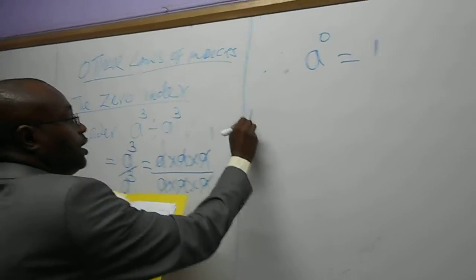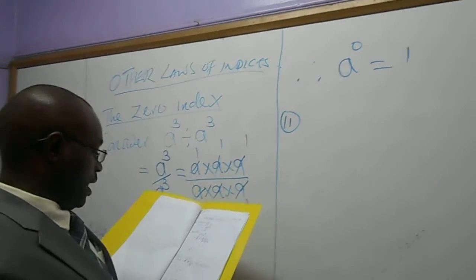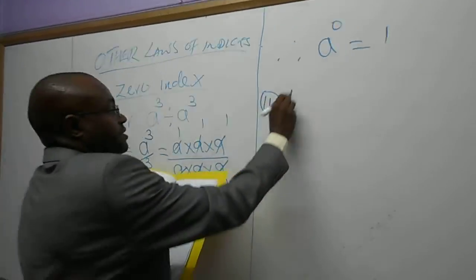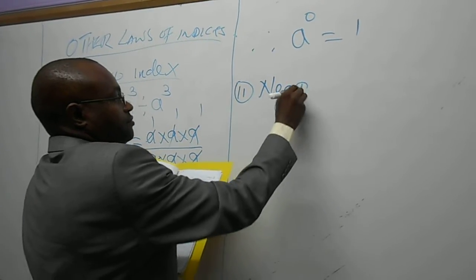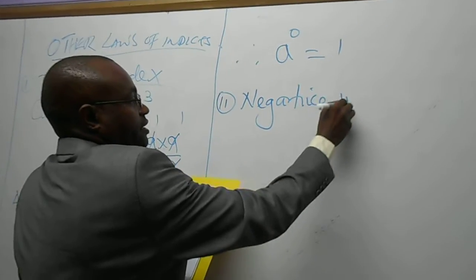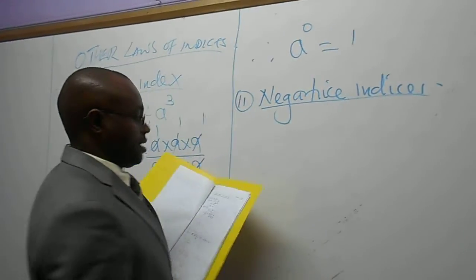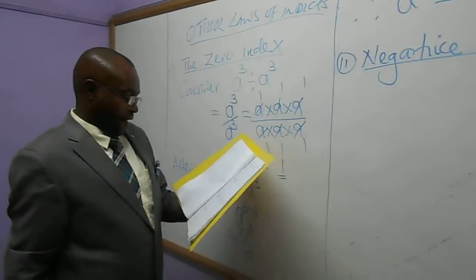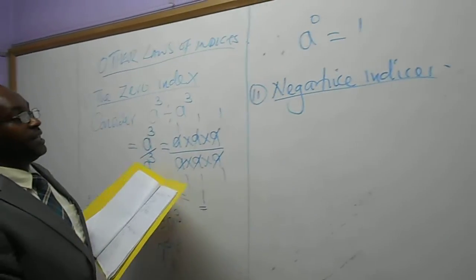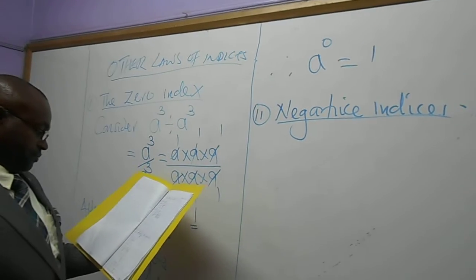The second law, or property, that we're going to look at is negative indices. Now, consider this expression.